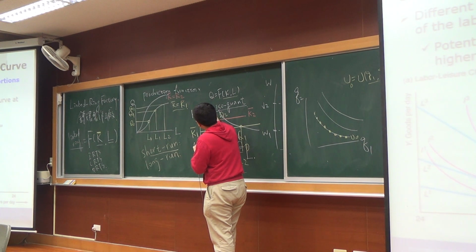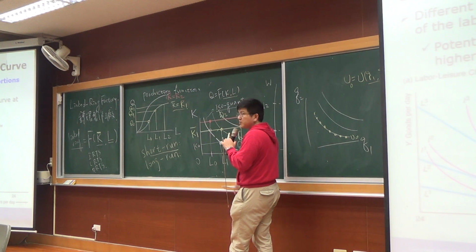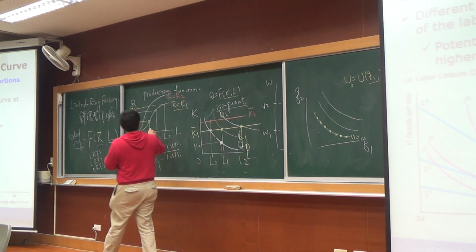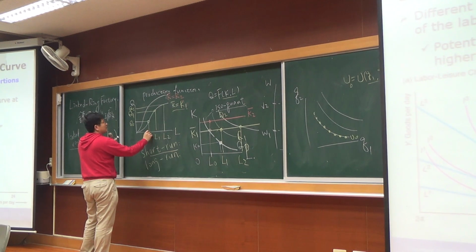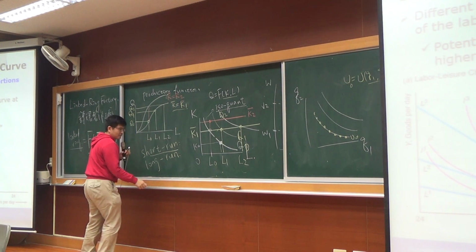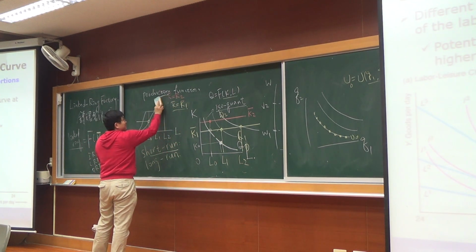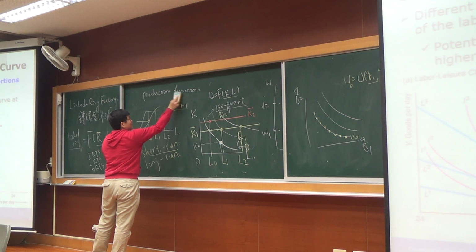L0 will correspond to an output between Q0 and Q1, right? Let me redraw the graph.